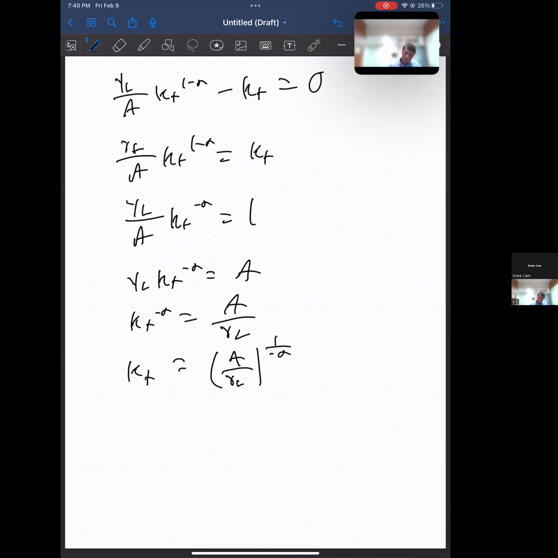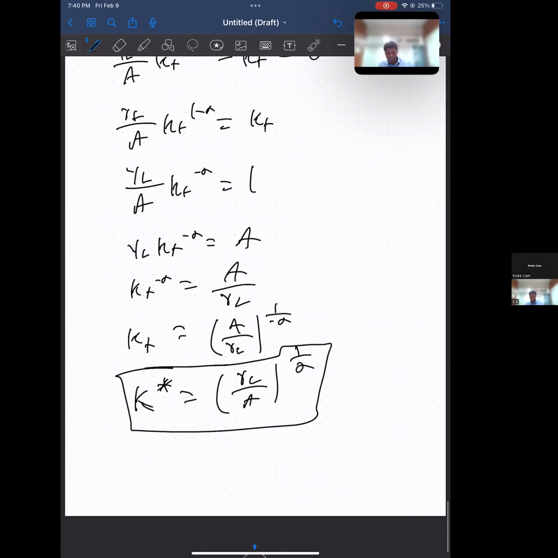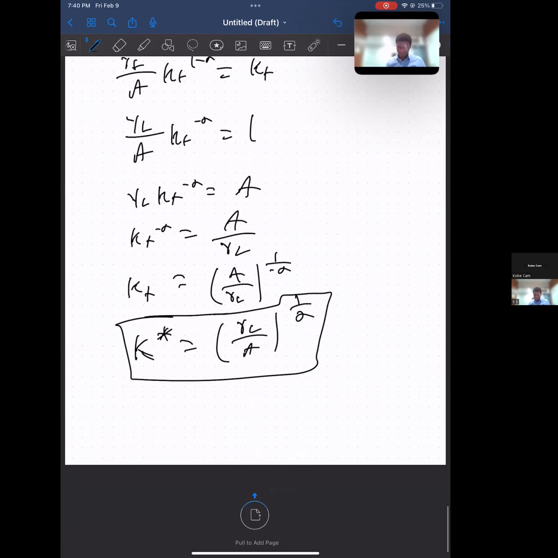Well, this is just the same thing as flipping whatever's inside. This is our k star. This is our steady state for capital per capita.